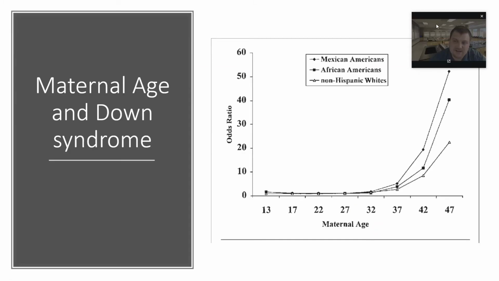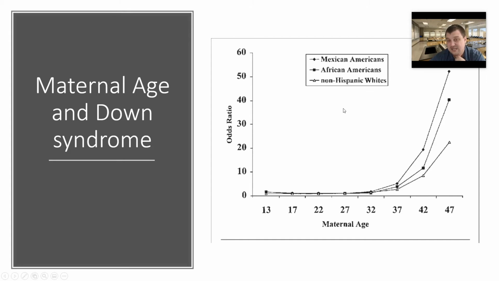What they've actually found is that the age of the mother directly correlates to the prevalence of Down syndrome. As the mother gets older, there's a higher chance in all ethnicities, not just Mexican or African American or non-Hispanics.